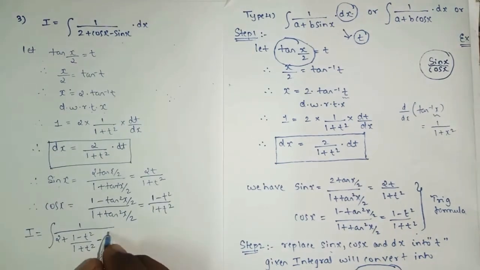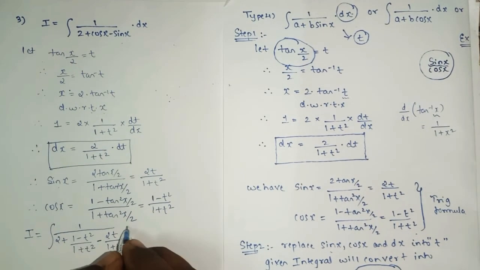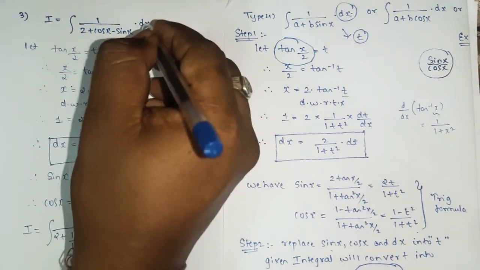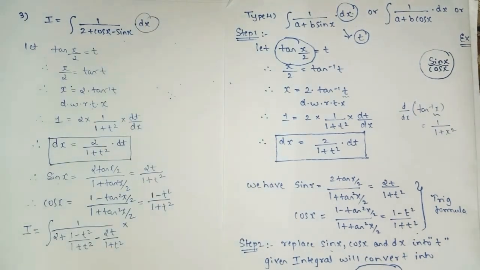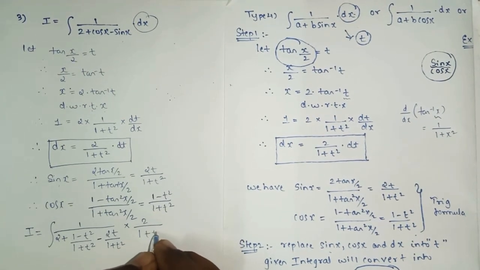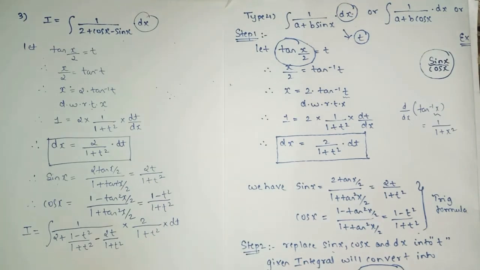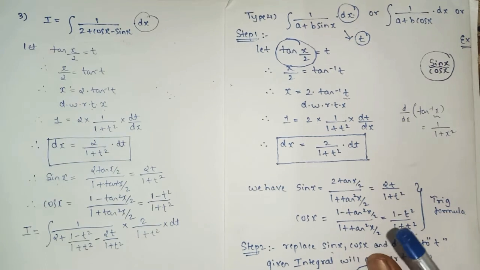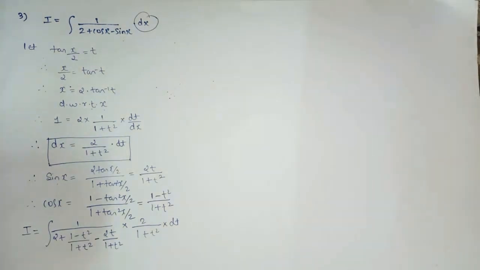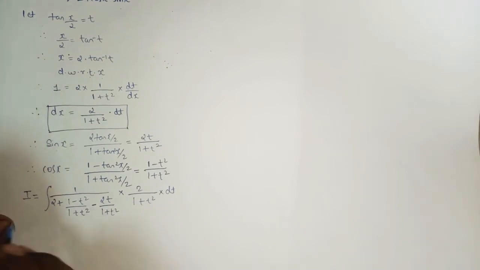Sin x 2t upon 1 plus t square into dx is what? 2 upon 1 plus t square into dt. Yes or no? Understood? After that, here see the adjustment, how to solve this step, a basic algebraical step.